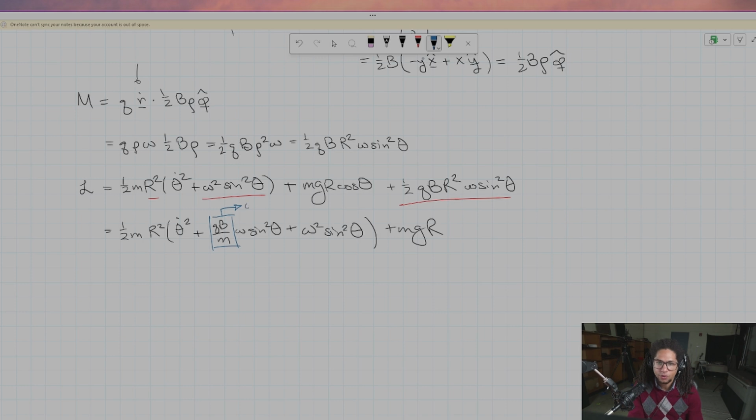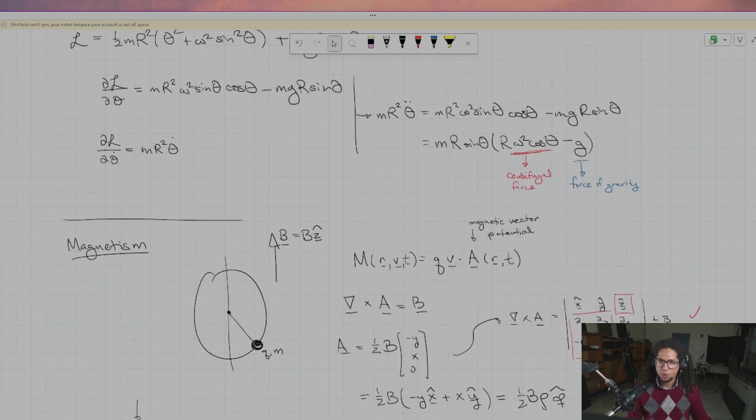This is the cyclotron frequency. In other words, it's the frequency that a charged particle will orbit in if it's placed in a magnetic field. All right, and a uniform magnetic field. So this is pretty interesting. We get 1/2 m r squared theta dot squared plus omega times omega plus omega c sine squared theta plus mgr.